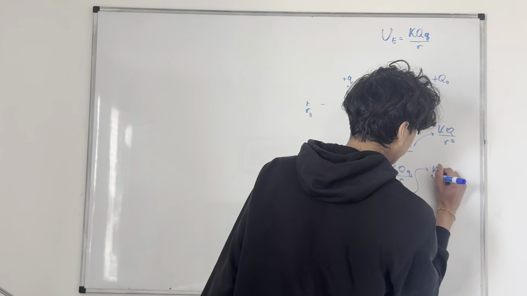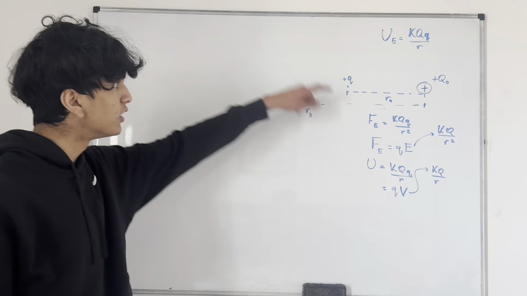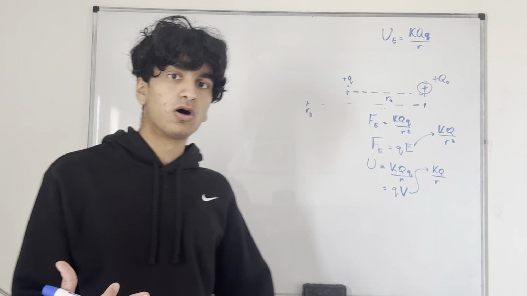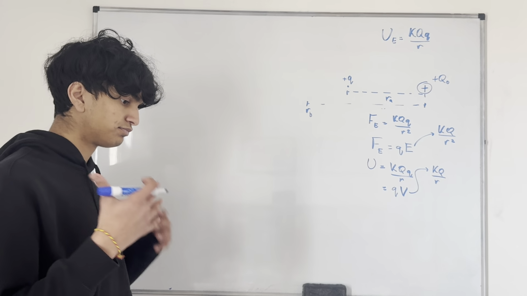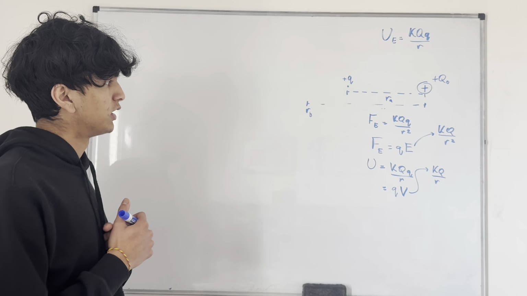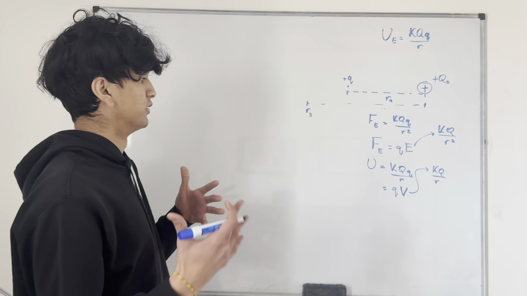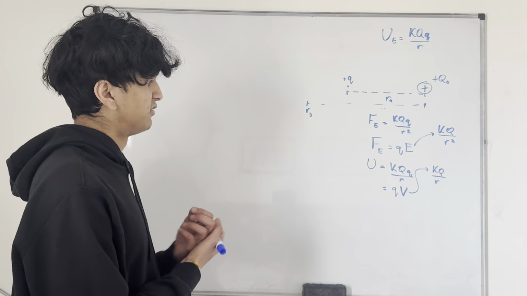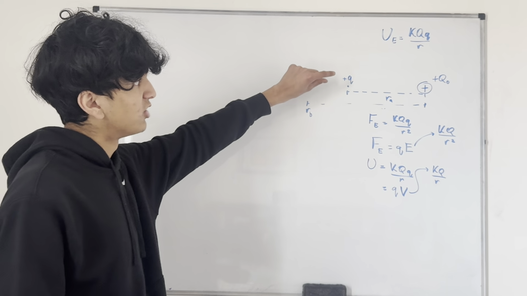The big Q is creating a potential, a certain potential at Q. So the electric potential energy is proportional to that potential as well as its charge, right?